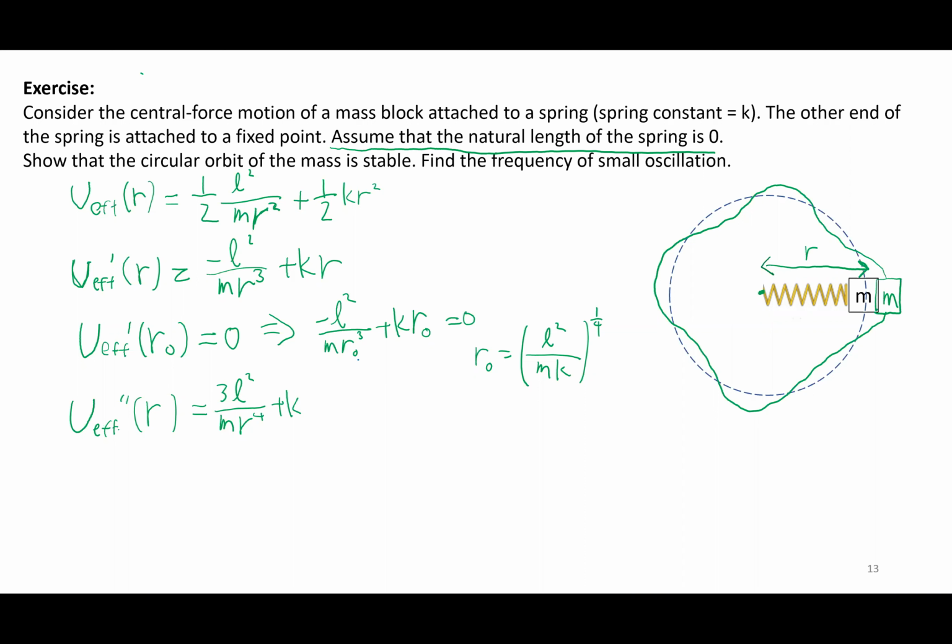That's why the second order derivative is always positive. If I want to find the second order derivative at r0, I just do this. If you substitute this value of r0 over here, you'll see that the first term is just 3k and the second term is k, so we have 4k in total.